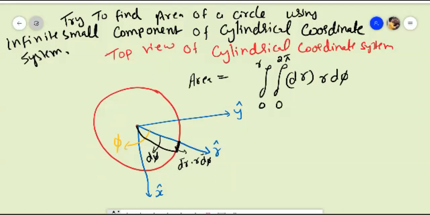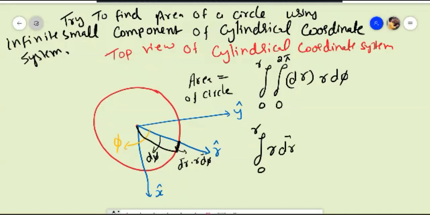We can break this integral into two portions, since we are actually finding the area of a circle: 0 to r integral of r dr, and then 0 to 2 pi integral of d phi.